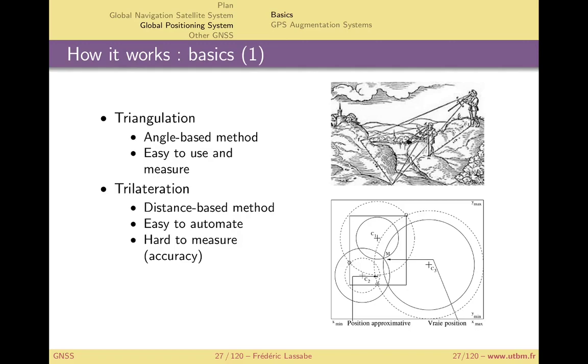But in real life you have estimates, so the dotted circles here, and you have no unique intersect, so you have to estimate where the location must be. So for instance here it's close to all the circles, so it's not exactly the real point. Well, that's the problem with real life and physics and measurements.